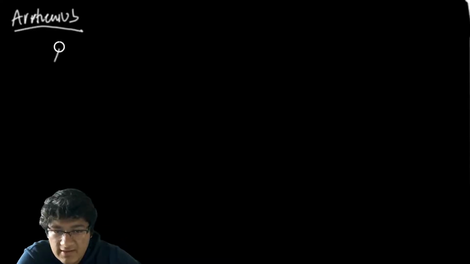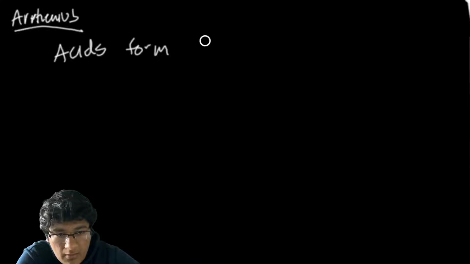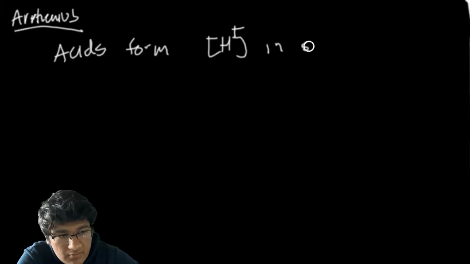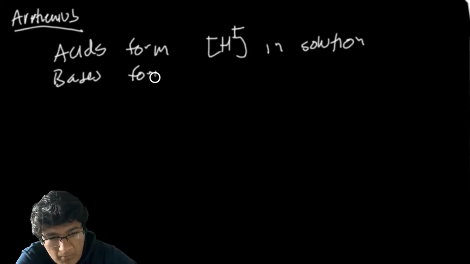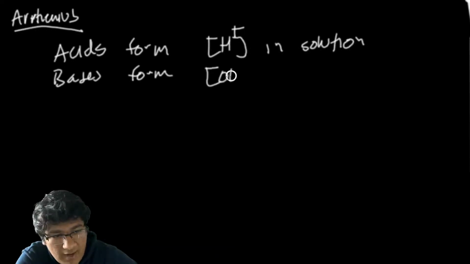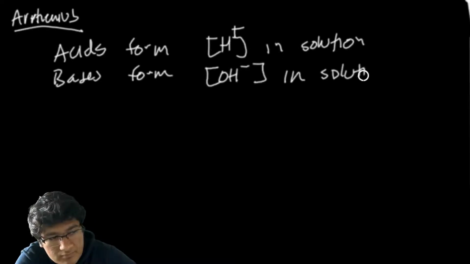Arrhenius basically said that acids form H+ in solution, while bases form OH- in solution.